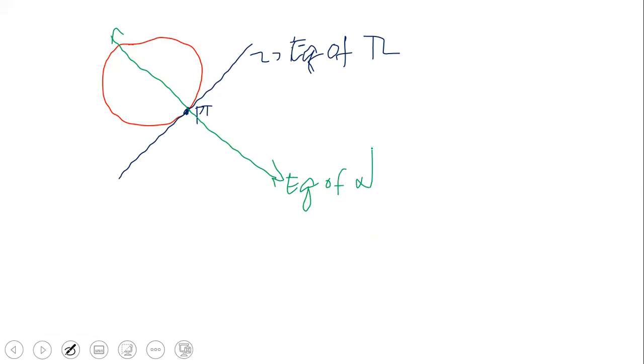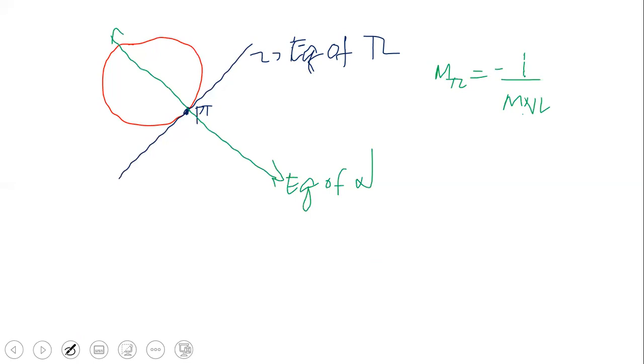Remember, when we get the slope of the normal line, we are also getting the reciprocal, meaning we have two slopes. So we have the slope of the tangent line. The slope of the tangent line is equal to -1 over the slope of the normal line.